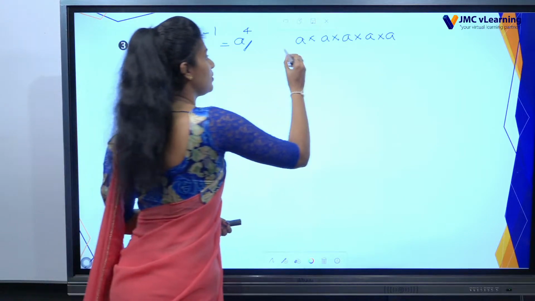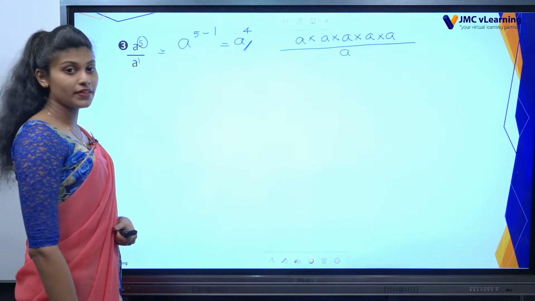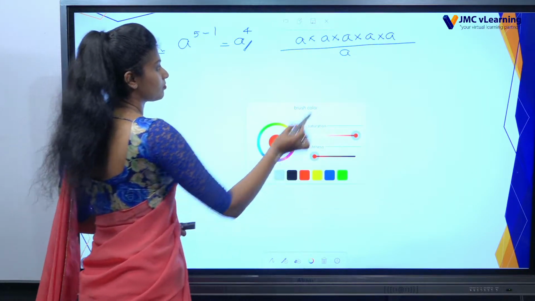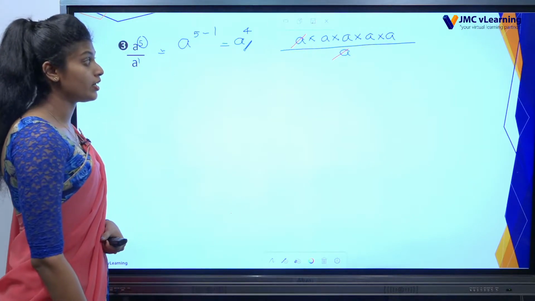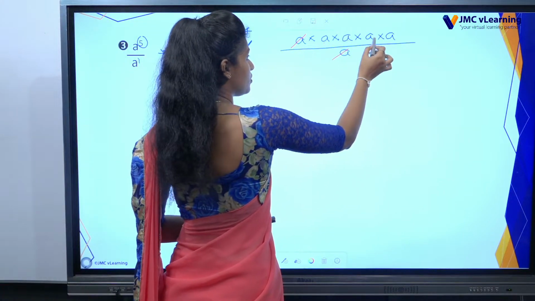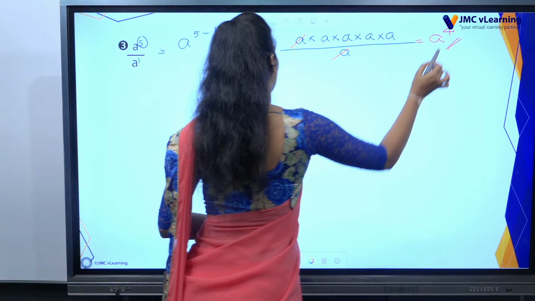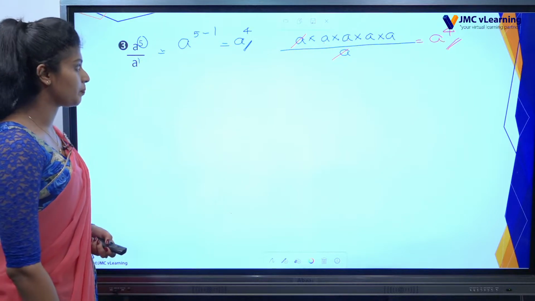Then here the denominator is only one A. That means A to the power 5 divided by A. Then you can cut this A and A. Then how many A's are left there? 1, 2, 3, 4. Then the answer is A to the power 4. There are 2 ways you can use to get the answer.